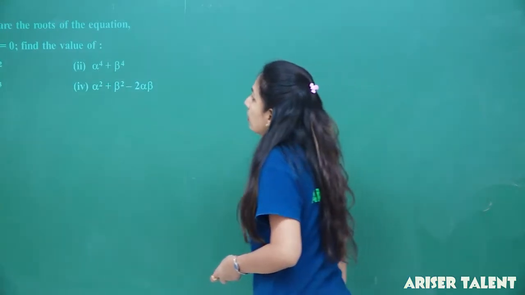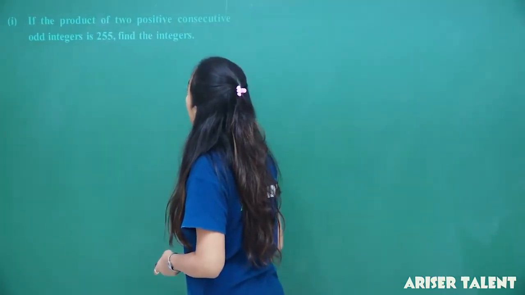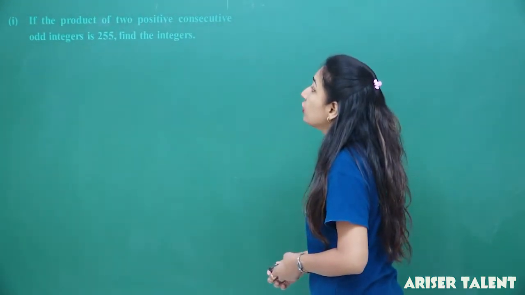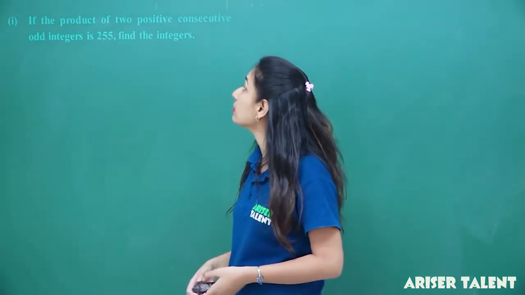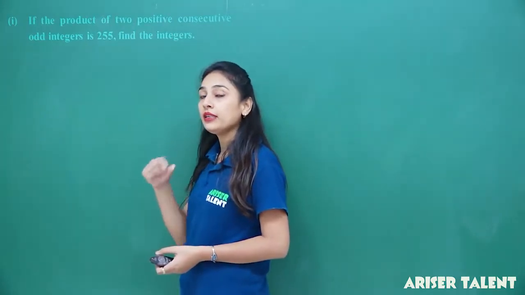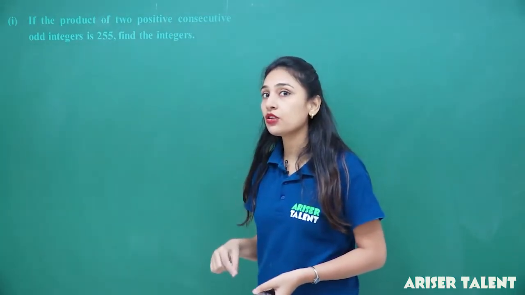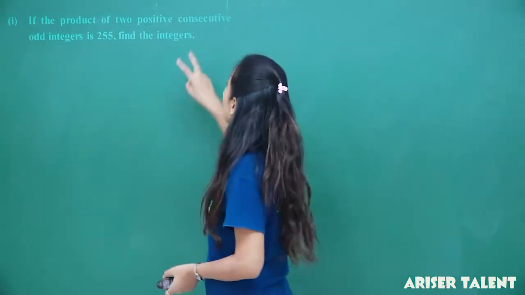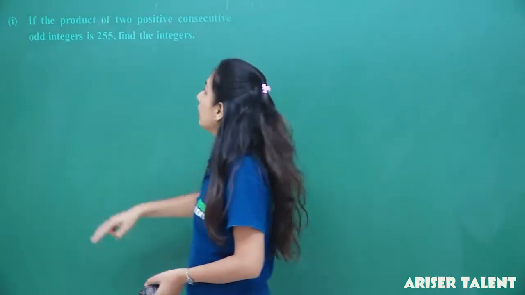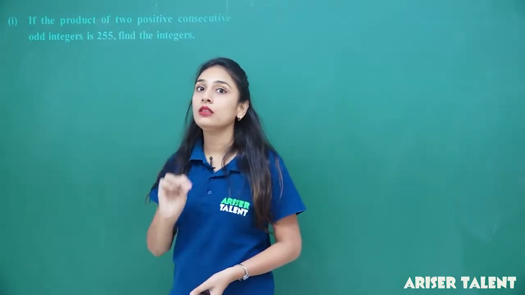Okay. Now the next question: if the product of two positive consecutive odd integers is 255, find the integers. Now it's saying to find the integers. Now characteristics of integers are: they are positive, one thing; they are consecutive, second thing; and they are odd integers, third thing.